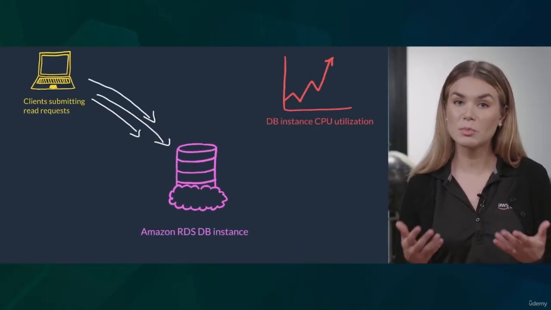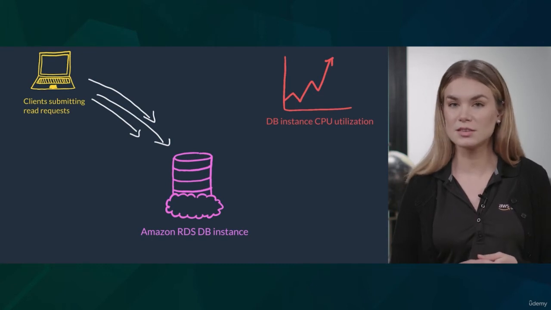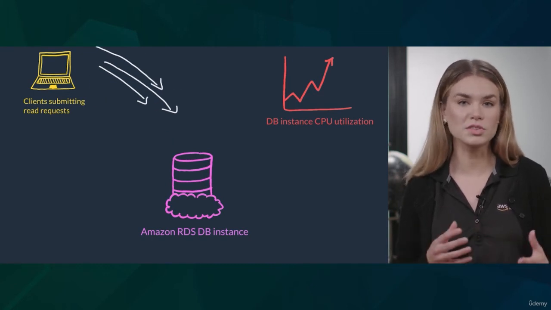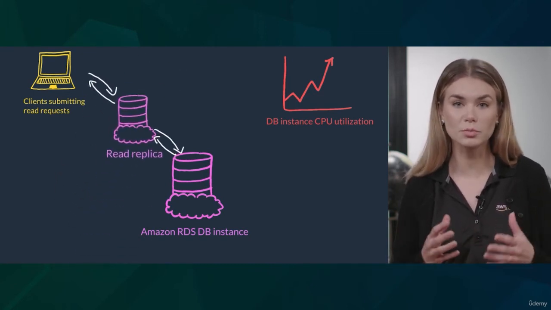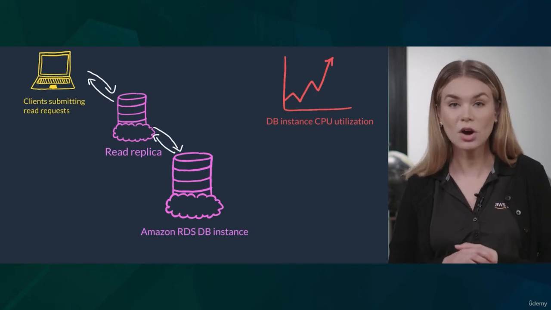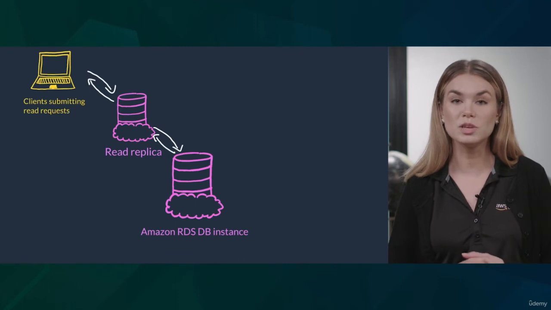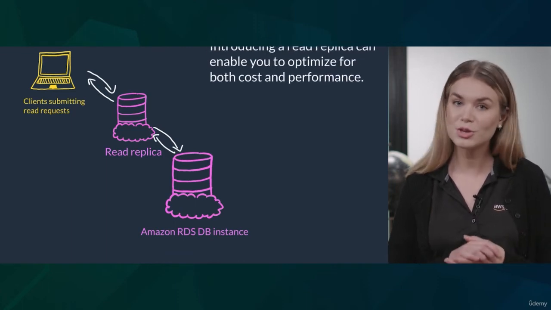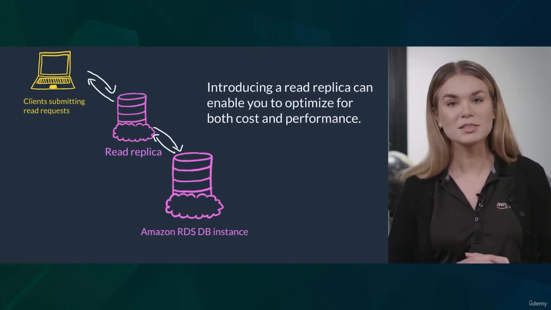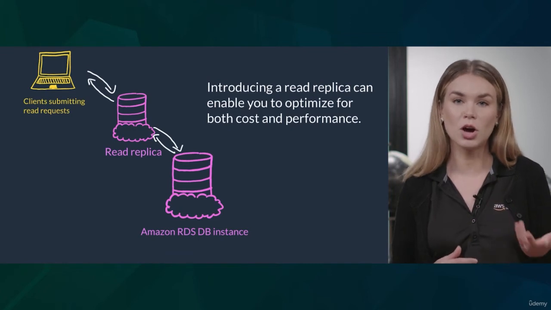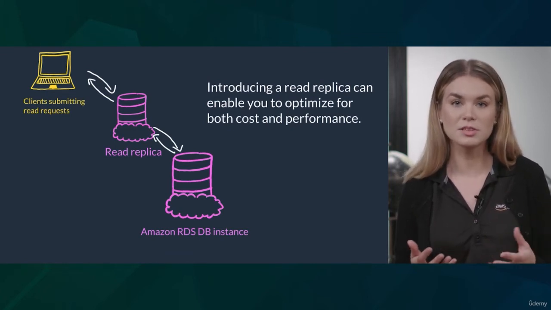Therefore, in order to optimize for cost, you could instead consider adding a read replica or some sort of cache to help absorb some of the read requests and offload the requests from the database instance. This would allow you to meet performance demands while also optimizing for costs, because introducing a read replica can often be more cost-effective than scaling up the database instances.